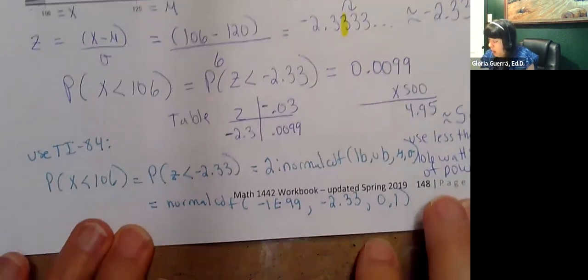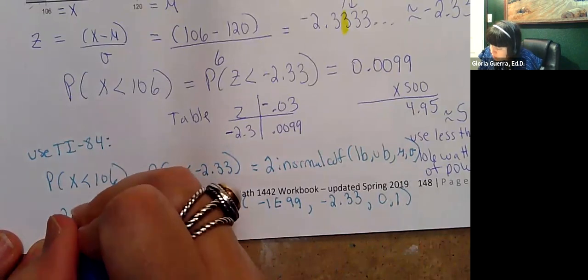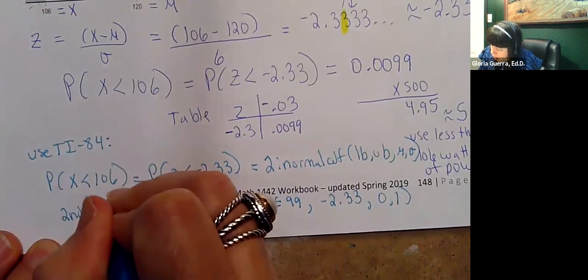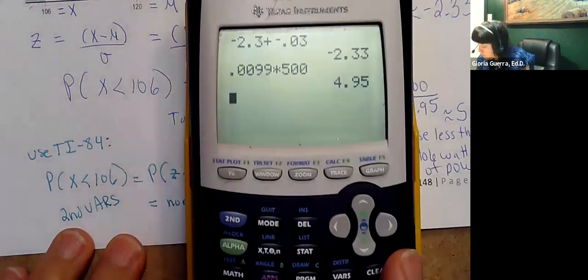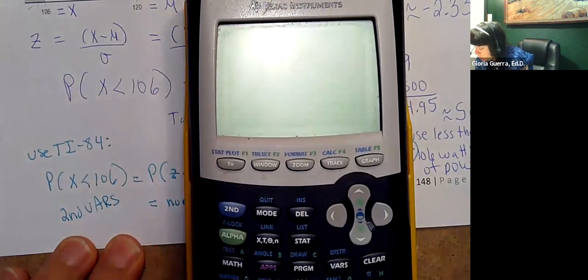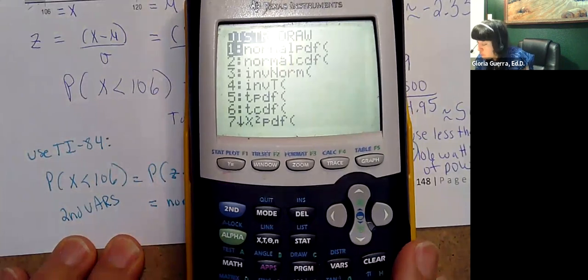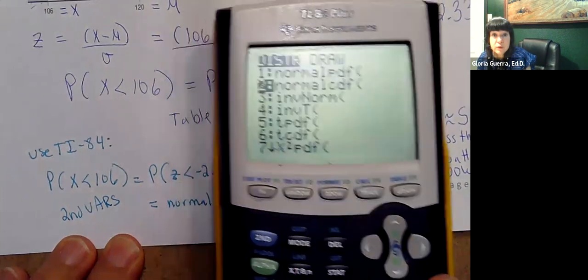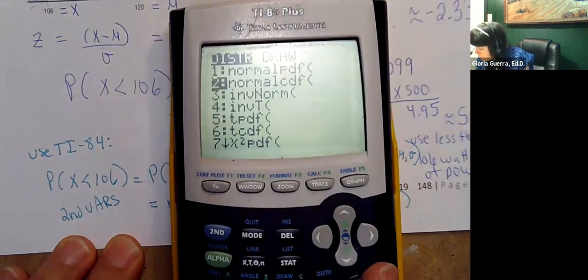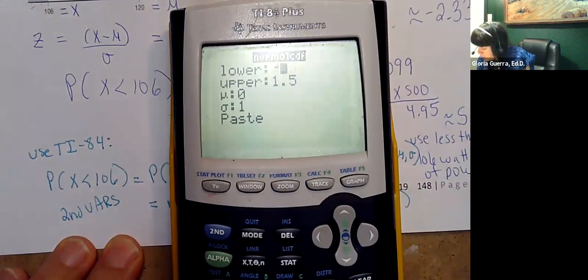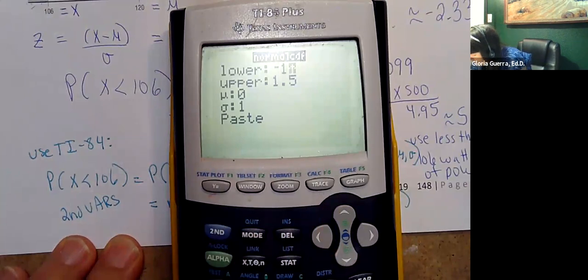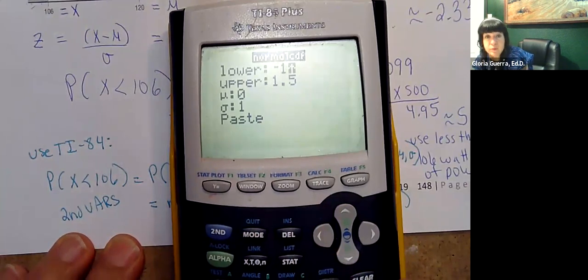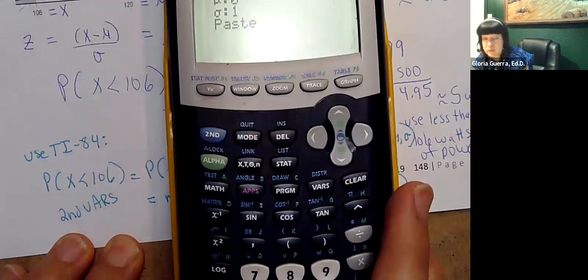And it's second bars. Okay, so second bars, number 2. I'm going to do the negative 1, second comma, which is on top of number 7.